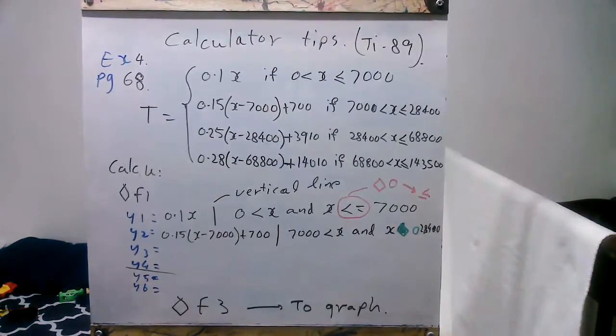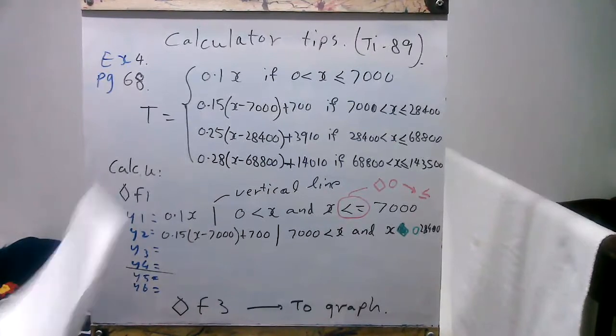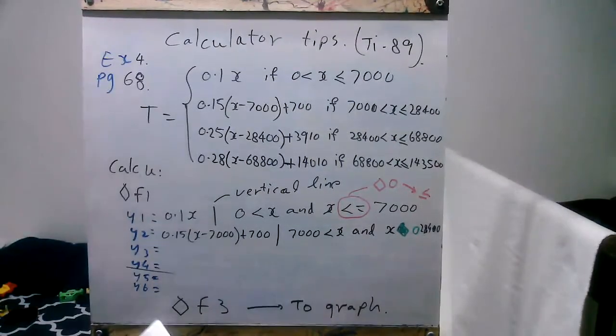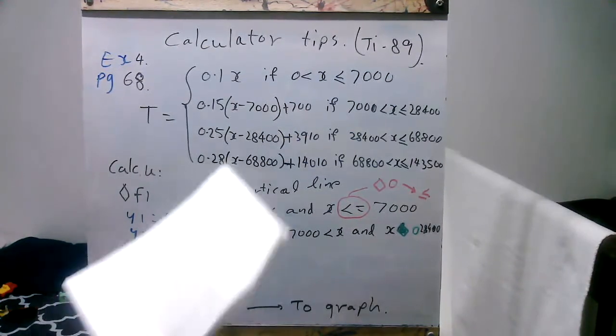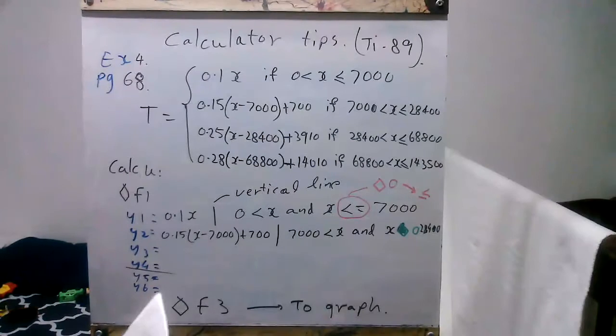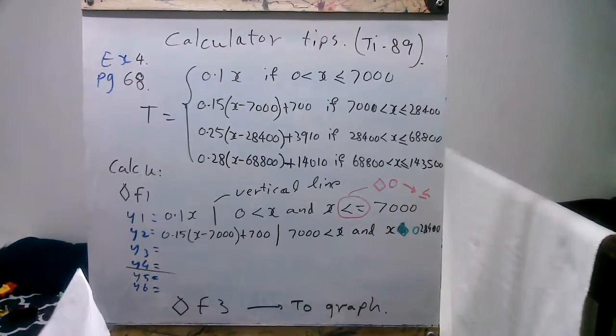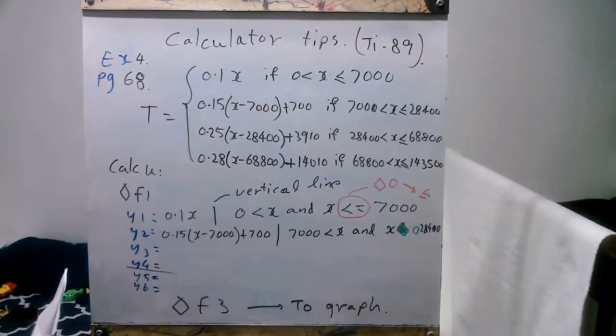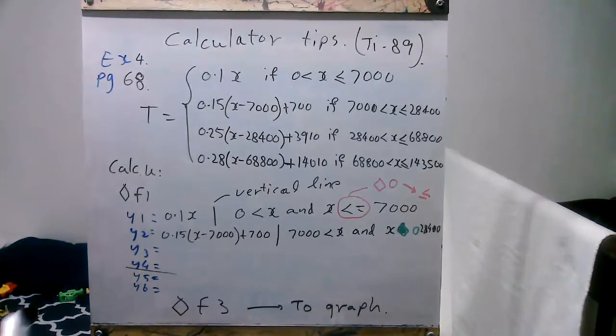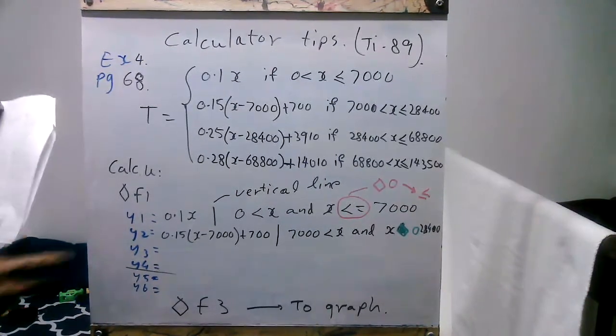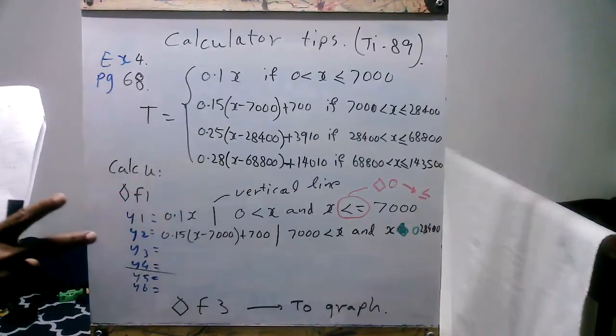One other thing: when you do this and hit green diamond and F3, sometimes you may not see the graph. That's because it is out of scale, because these numbers are big. So what you can do is zoom. You go to window. Now this is how you graph. That part is done.